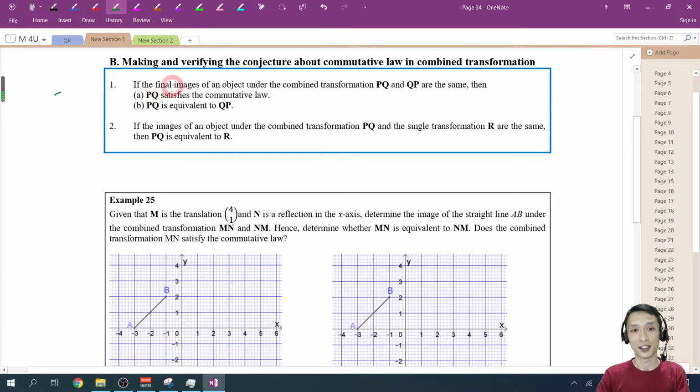If the final image of an object under the combined transformations PQ and QP are the same, the image produced from PQ and the image produced from QP are the same, then we say PQ satisfies the commutative law. If PQ and QP produce different images, then we say PQ does not satisfy commutative law. Let's look at some examples.